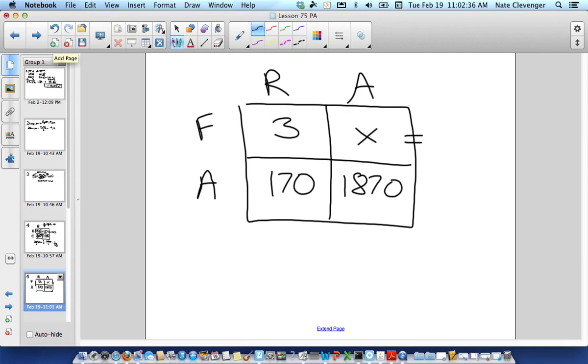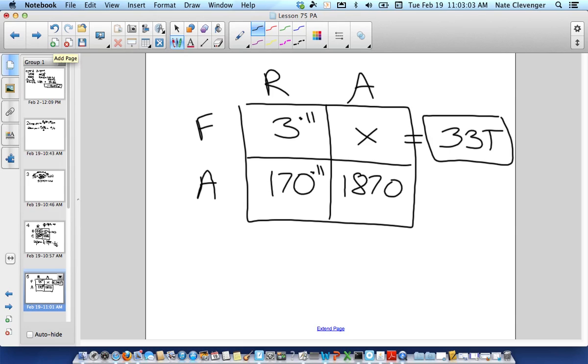So to see if we can do this easily, we'll take the 1,870 divided by 170 is 11. So it works out nice and neat. So we're taking this times 11. So we take 3 times 11, and that gives us 33, and we need to label that one because it's a weight, tons.